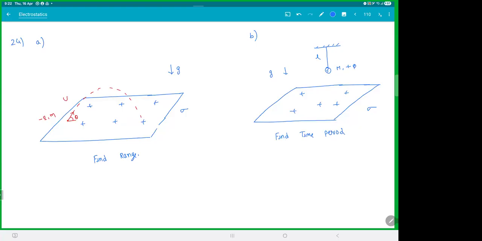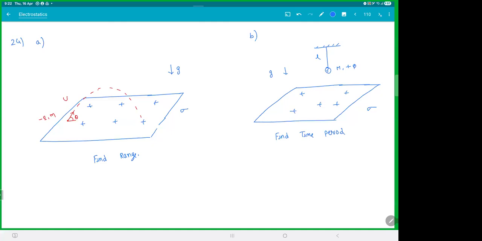Once you know the electric field, EQ is the force. Then you know how to do G effective and all that stuff. Finish all this, an easy one.